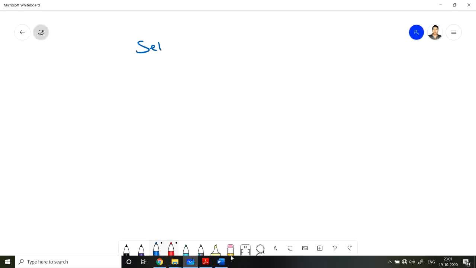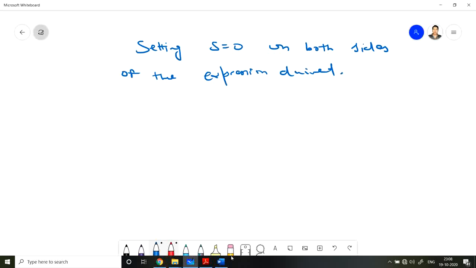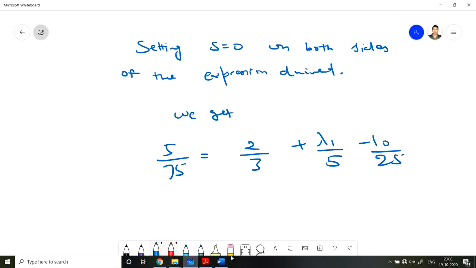Setting s is equal to 0 on both sides of the expression derived, we get 5 divided by 75 is equal to 2 divided by 3 plus lambda 1 divided by 5 minus 10 divided by 25.